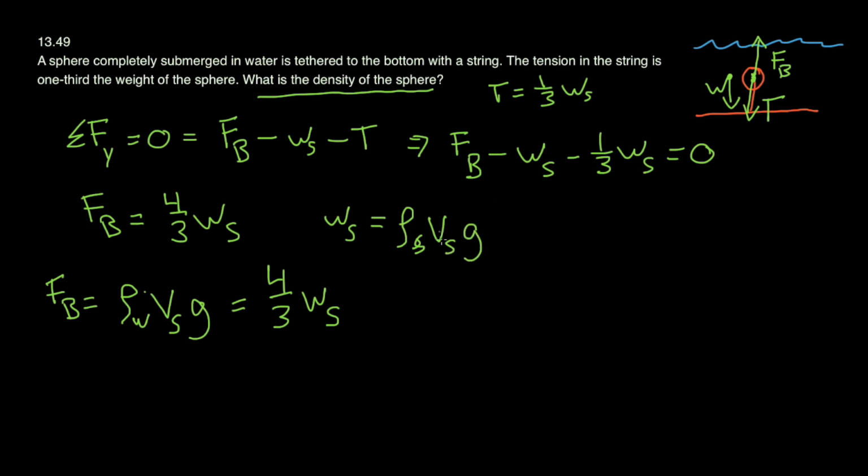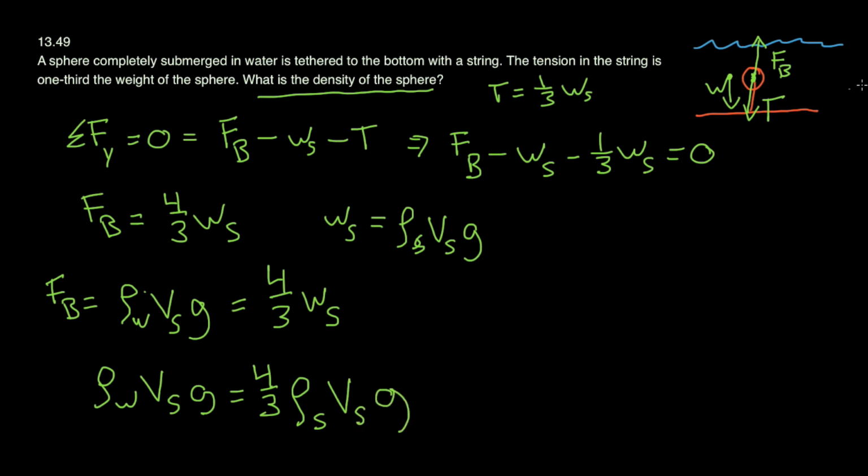Because density times volume is going to give me the mass, but we want weight, so we have to multiply by gravity. So let's go ahead and fill that in over here. So we got the density of water times the volume of the sphere times gravity is equal to 4/3 times the density of the sphere, right, because I'm filling in for W sub S right now, times the volume of the sphere times gravity.